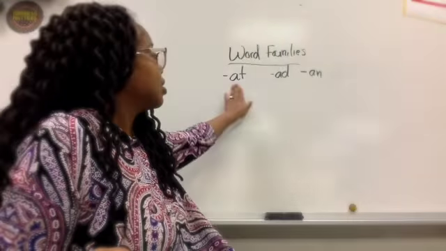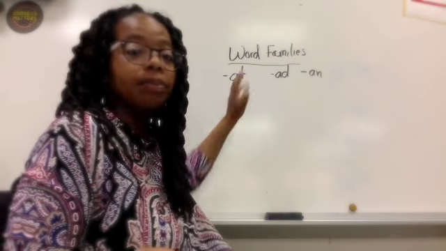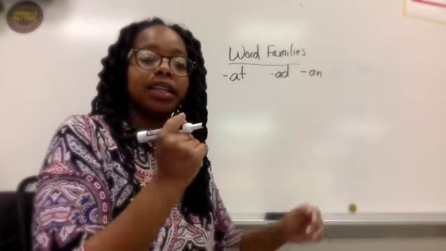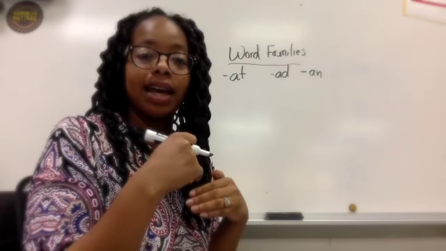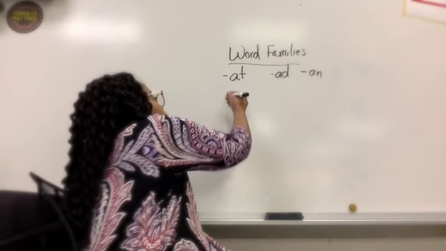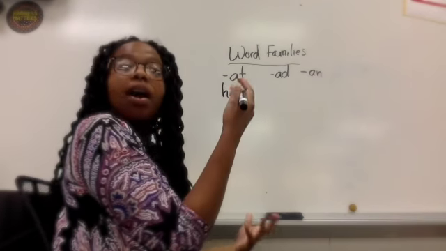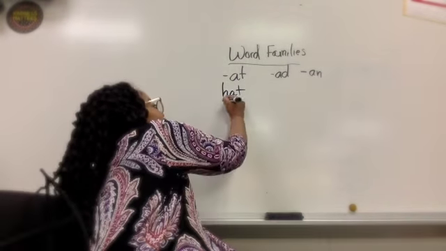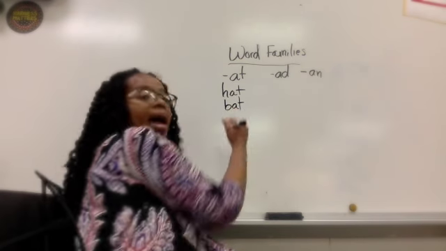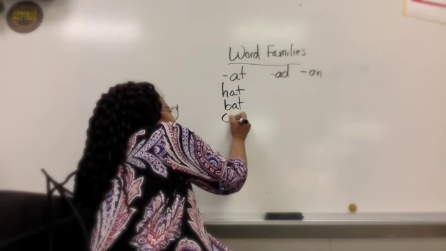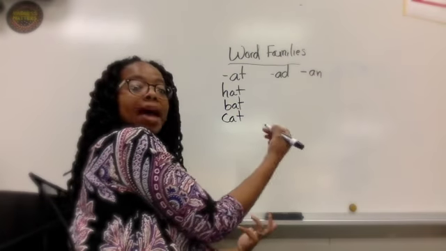I can find several words that have at, add, and and endings. In this instance, I'm going to call this a rhyme because typically the endings are going to be the same. For example, I could say hat. And what rhymes with hat? Bat. What rhymes with bat? Cat. What rhymes with cat? Pat.